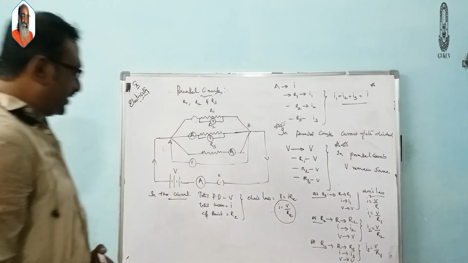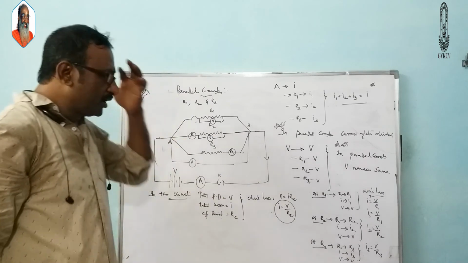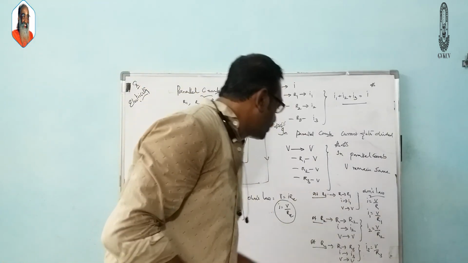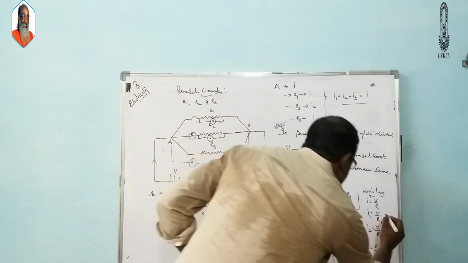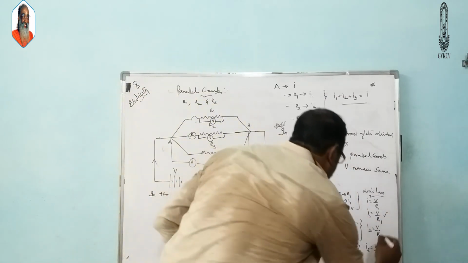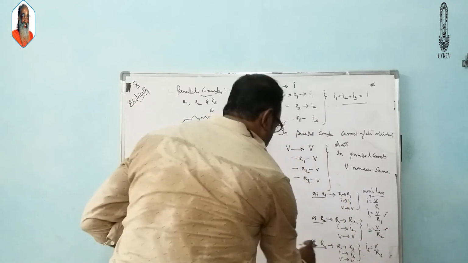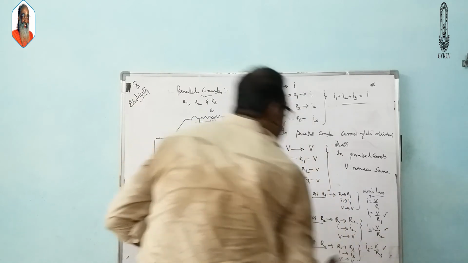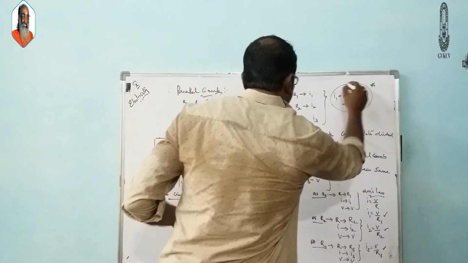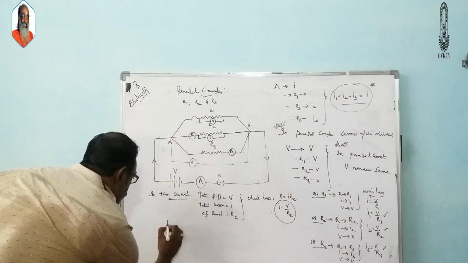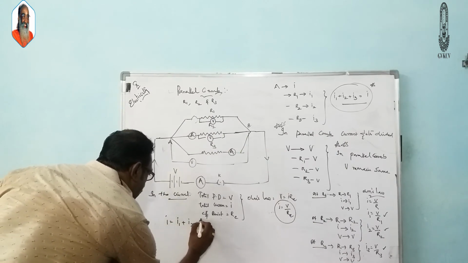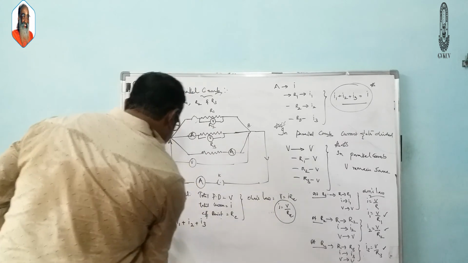So for the entire circuit, I is equal to V by RE. At R1, I1 is equal to V by R1. At R2, I2 is equal to V by R2. And at R3, I3 is equal to V by R3. Now let us use this. I is equal to I1 plus I2 plus I3. What is I for the entire circuit?